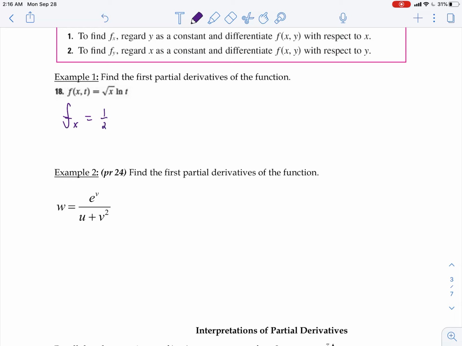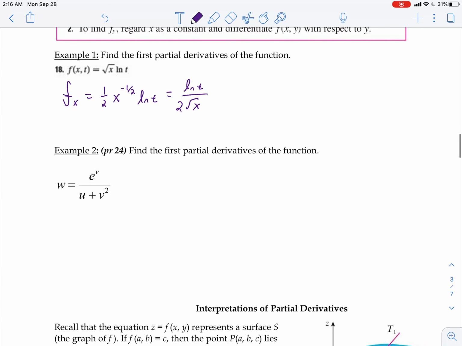What we can do is say x to the 1/2, so then we bring down the 1/2 x to the negative 1/2, and natural log of t we just keep as a constant. So what we really have is natural log of t over 2 square root of x.